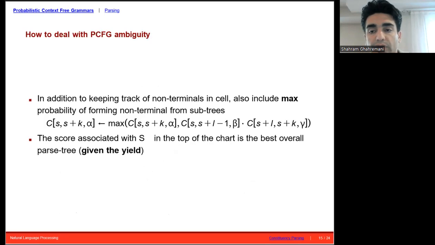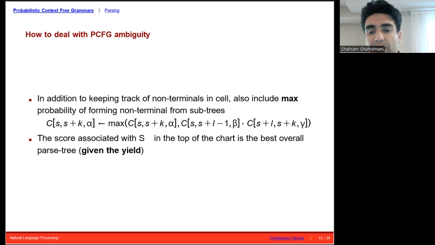But we want more than whether a sentence is simply grammatical or not. We want to be able to decide which ambiguous parses we should prefer over others. And so this requires a simple tweak of the algorithm. Instead of just storing a Boolean variable, we now keep track of the maximum probability of a subspan. We also have to initialize the chart so that these initialized spans have a 0 probability.